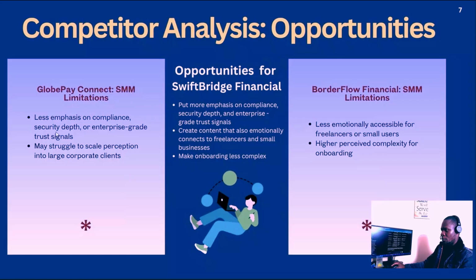They put less emphasis on compliance, security depth, and enterprise-grade trust signals. So SwiftBridge can capitalize on this by putting more emphasis on compliance, security depth, and enterprise-grade trust signals, so that when people are looking for that specific solution there and don't find it, they can find it here, along with many other things that these other people miss.